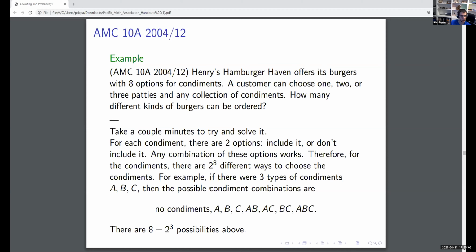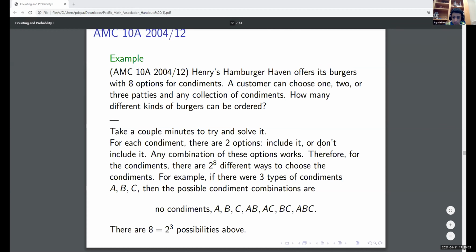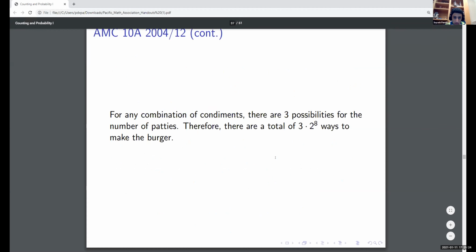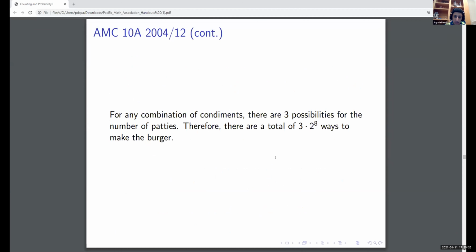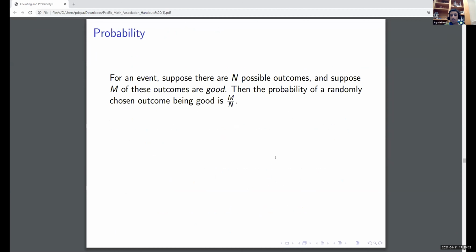That's 2 options. Then multiply that by ketchup or no ketchup, mayonnaise or no mayonnaise, and so on and so forth for every condiment. So that's that. So 3 times 2 to the 8th, that's 768.